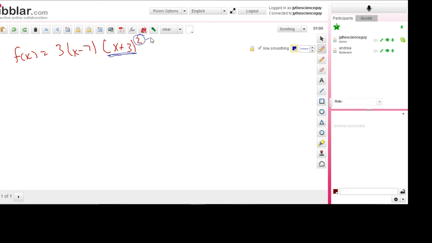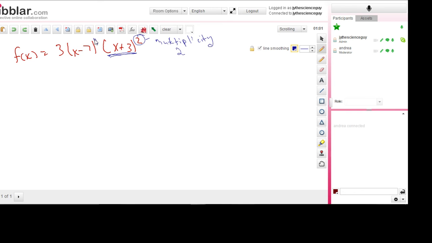Okay. So, I'm here now. You're asking what is the multiplicity? You see how there's a 2 there? So the exponent is the multiplicity. The exponent is the multiplicity. So that last term has a multiplicity of 2.